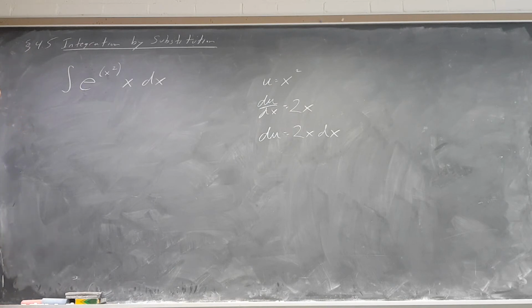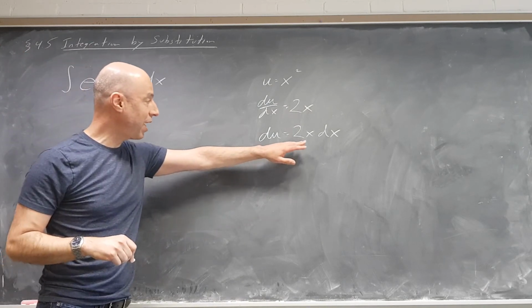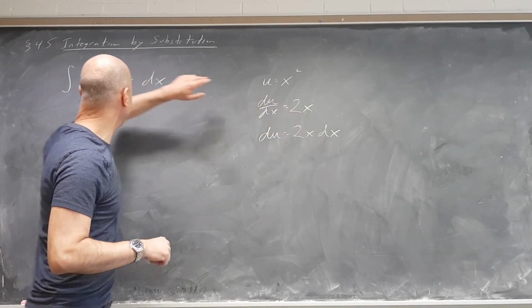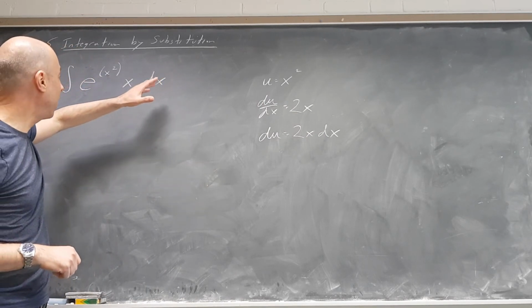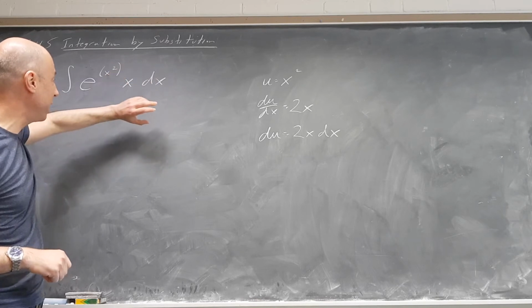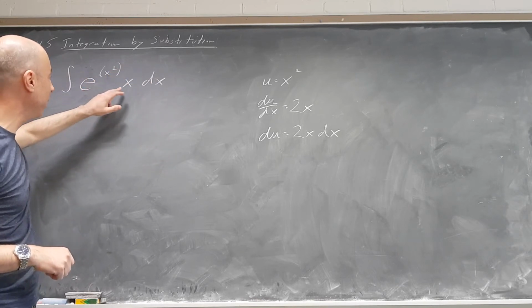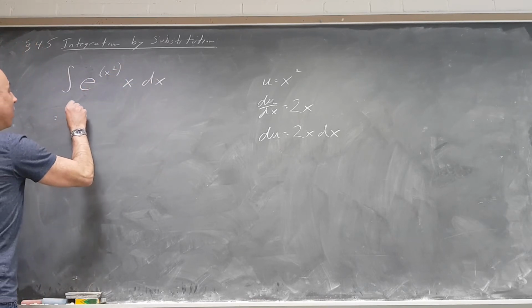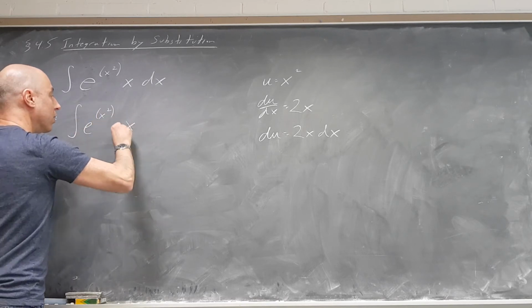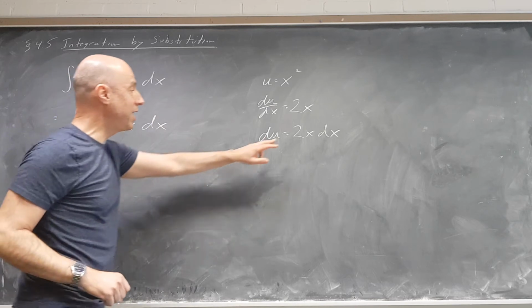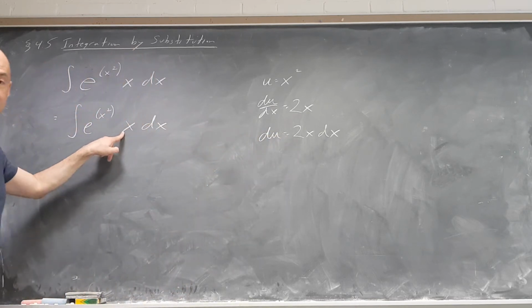Now, a number of people teaching this would say solve for dx and put it in. I'm going to take what's an algebraically equivalent route, and I think in my mind a little bit simpler. It'd be really nice if I had a 2x dx right here instead of an x dx.